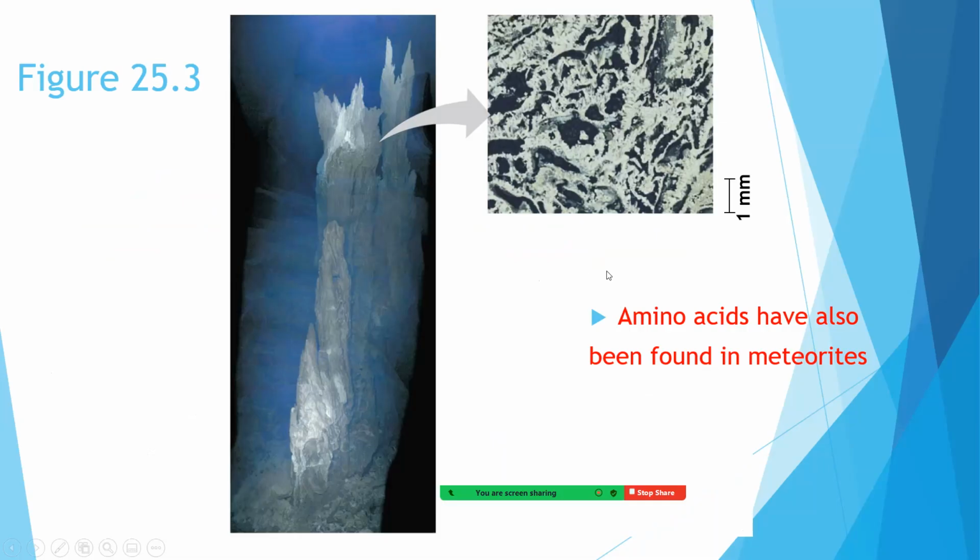So that's possible. Also, experiments are showing now that these precursor biological molecules can be created in hydrothermal vents as well. So there are lots of places where these precursor biological molecules, like pieces and parts of amino acids, can be created.